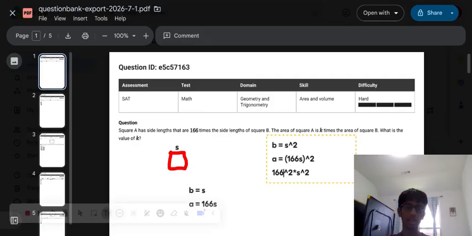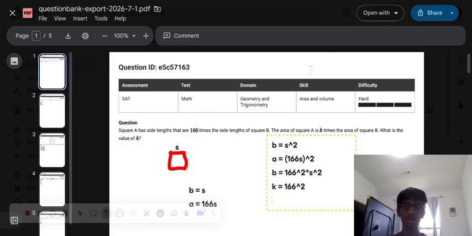Remember, it's asking for the value of K, the number of times the area of square B. The area of square B times K is equal to the area of square A. So that means K is actually equal to 166 squared.